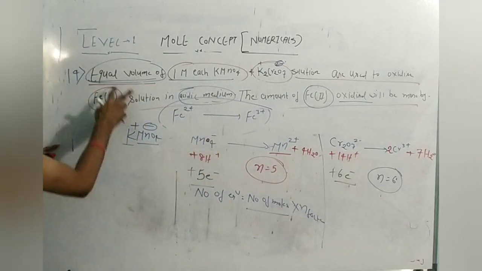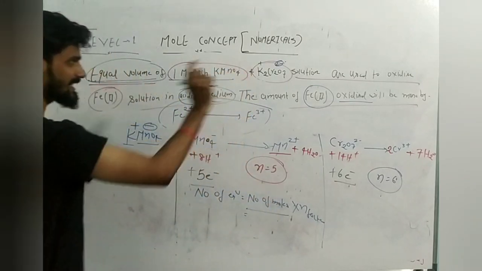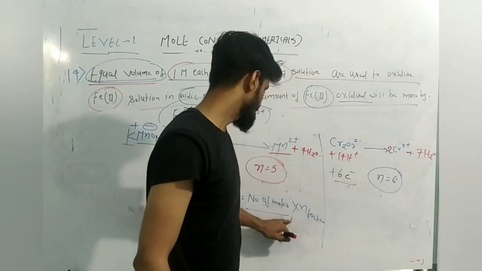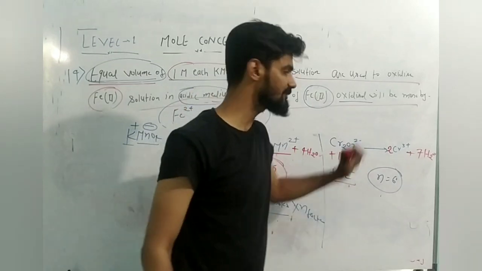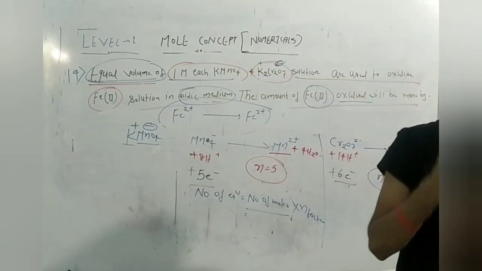With equal volume and equal molarity, the number of moles for each reaction is the same, and the N factor for this reaction is more as compared to the N factor of this reaction. So definitely the number of equivalents for K2Cr2O7 will be more as compared to the number of equivalents of KMnO4.